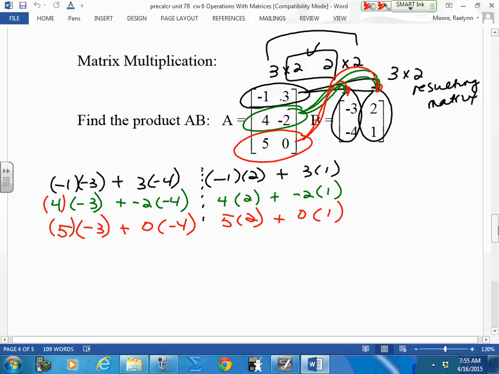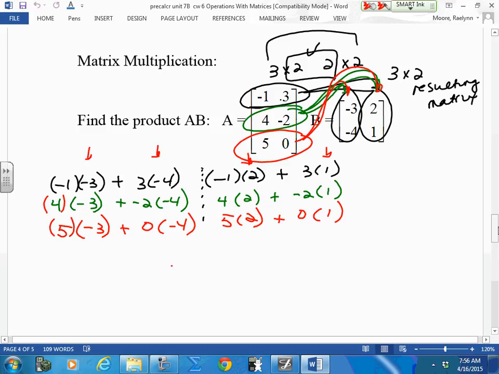Now, if you did this right, you should see this pattern. Do you see down here? Aren't these all the same? Aren't these all the same? These guys. Look where the other one comes from. Where does this come from? -1, 4, 5.